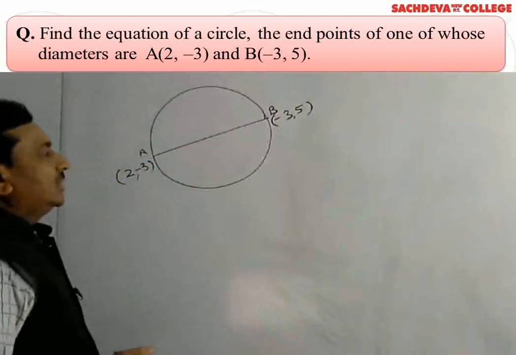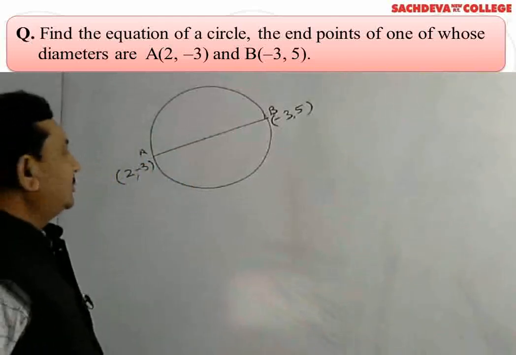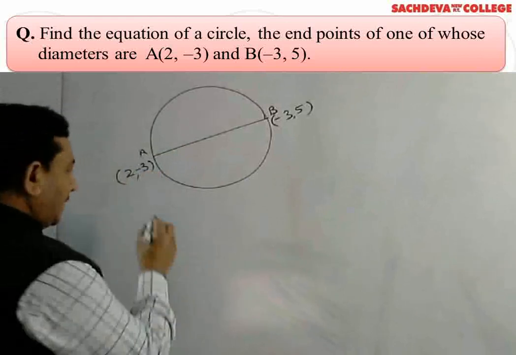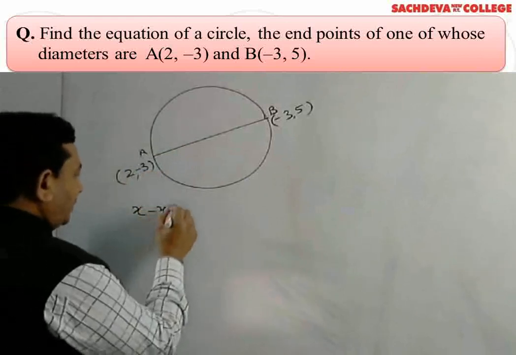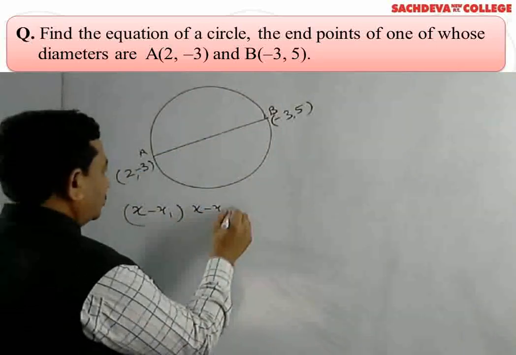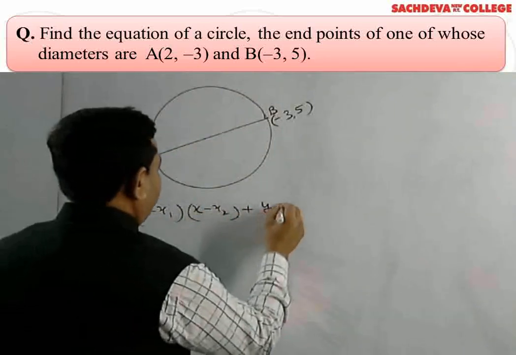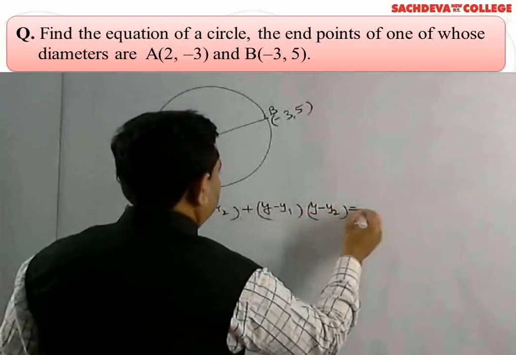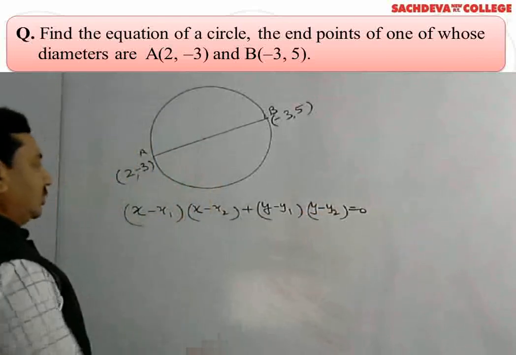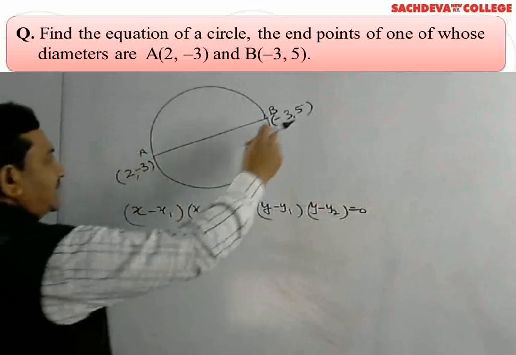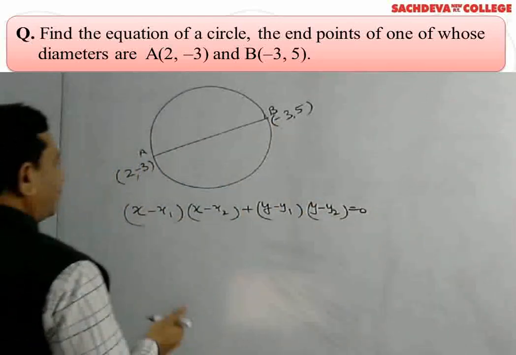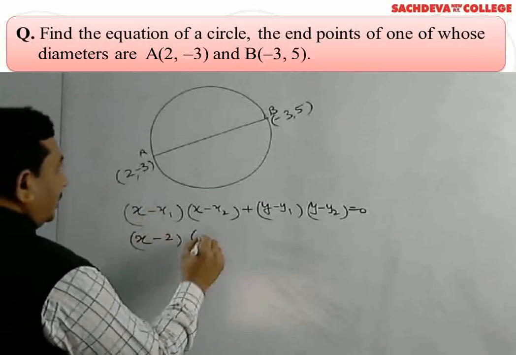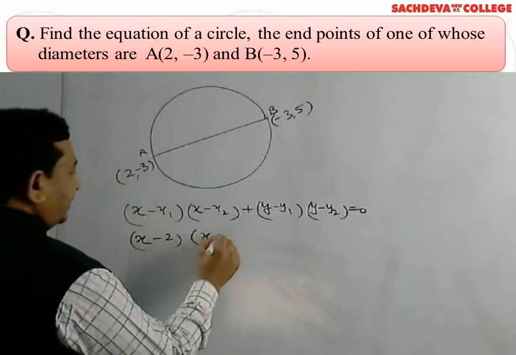We know that the equation of a circle whose extreme points of diameter are (x1, y1) and (x2, y2) is (x minus x1) into (x minus x2) plus (y minus y1) into (y minus y2) is equal to 0. So this is (x1, y1) and this is (x2, y2) here.